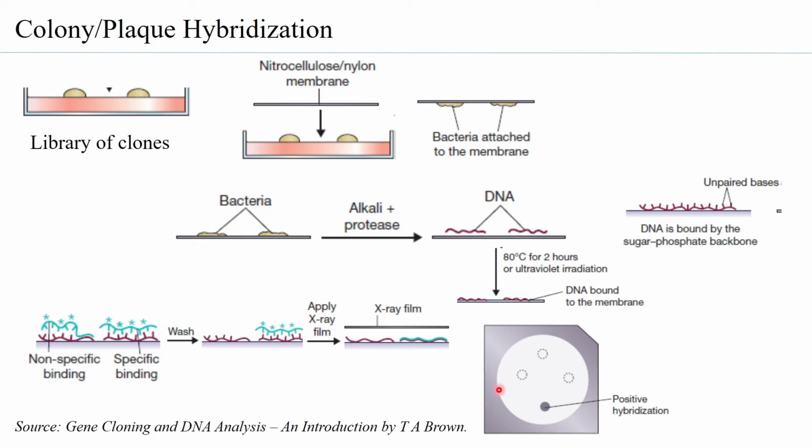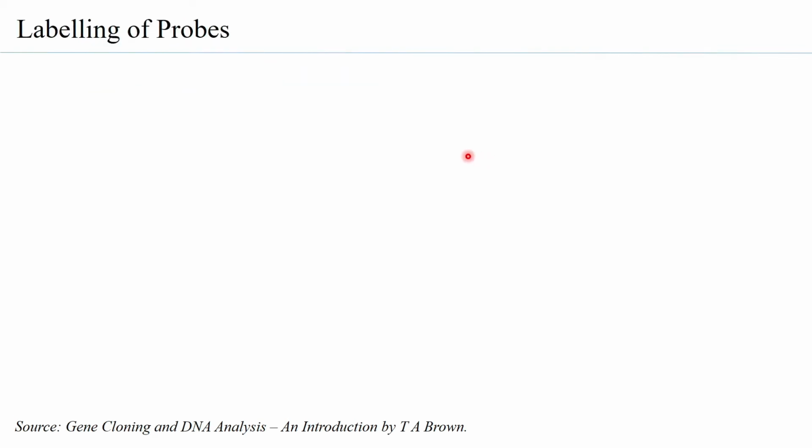So this nitrocellulose membrane, which had 4 bacterial colonies attached, out of the 4 bacterial colonies, only this colony has bound to the probe, and therefore this is what is called positive hybridization, and this has detected the gene of interest or the clone that contains the fragment of DNA that you are interested in. So this is what is colony or plaque hybridization.